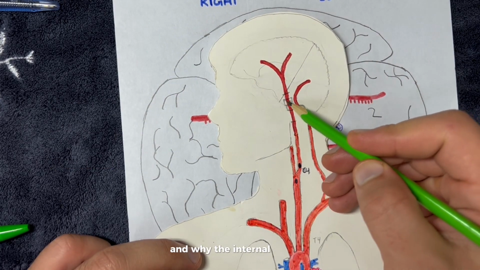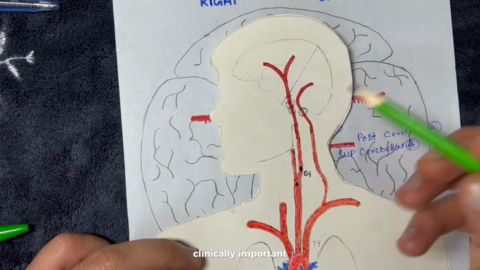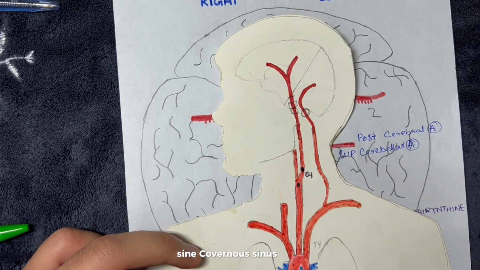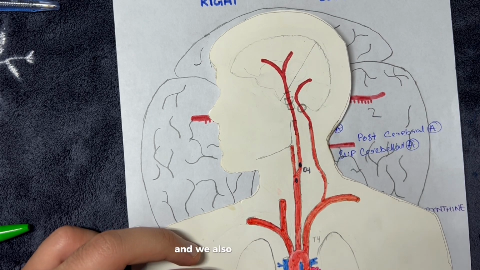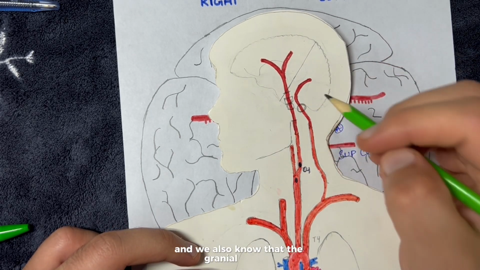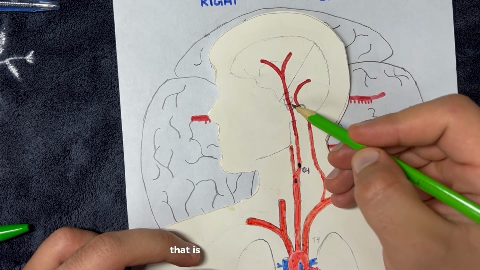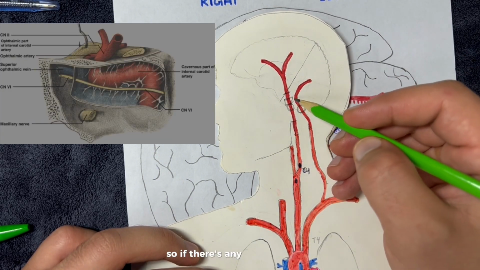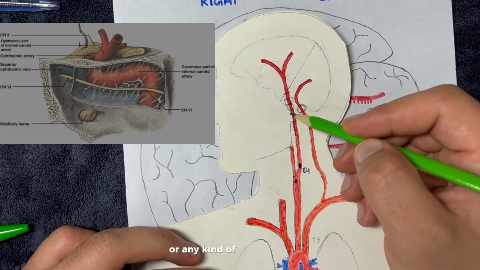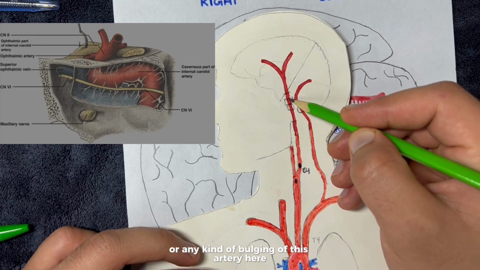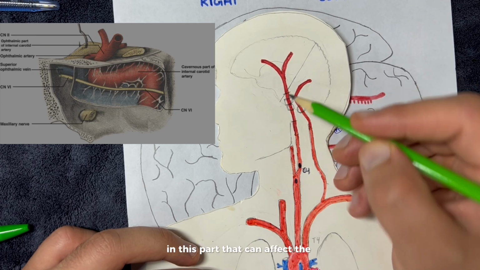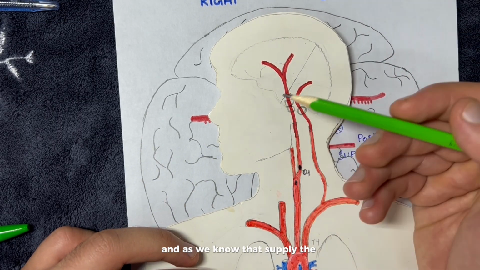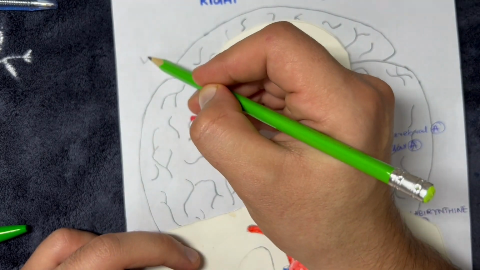Now, why is the internal carotid clinically important? Because it is embedded here in the cavernous sinus, right? And we also know that cranial nerve 6 is also embedded in the cavernous sinus. So if there is any aneurysm or any kind of bulging of this artery in this part, that can affect the 6th cranial nerve, and as we know, that supplies the lateral rectus, LR6.